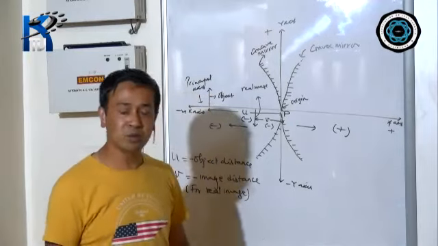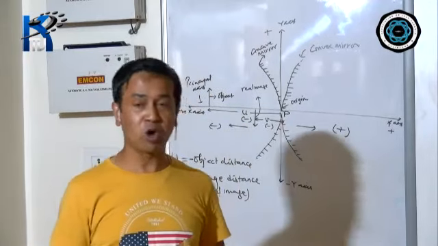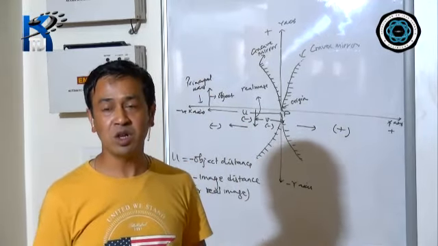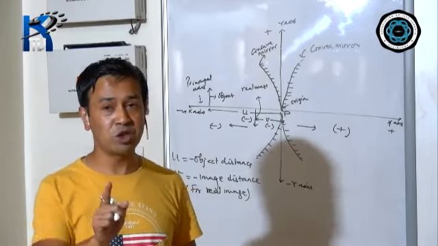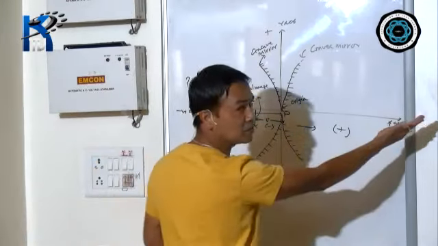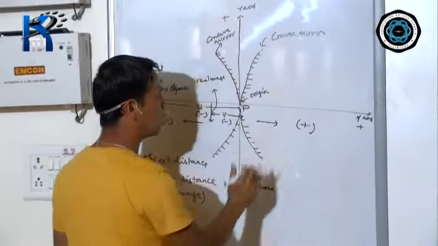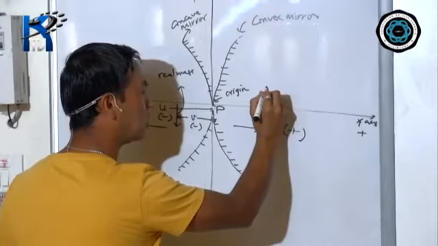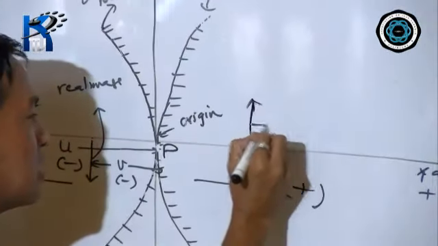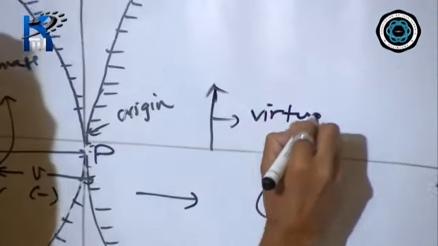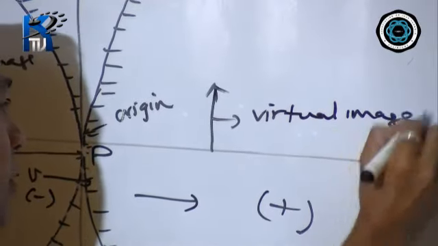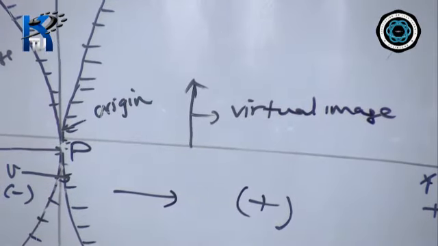Now the image which can be formed by a concave or convex mirror can be what image? A virtual image. But a virtual image is always formed behind the mirror. That means to the right side of the pole. Suppose, for example, this is the virtual image of that object.